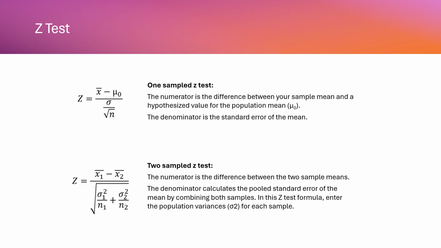The x bar is the sample mean and mu naught is the population mean. For two samples, you can see that it is similar to the t-test formula, but the difference is that instead of standard deviation, the population variances are used, which in practicality is very difficult to find.